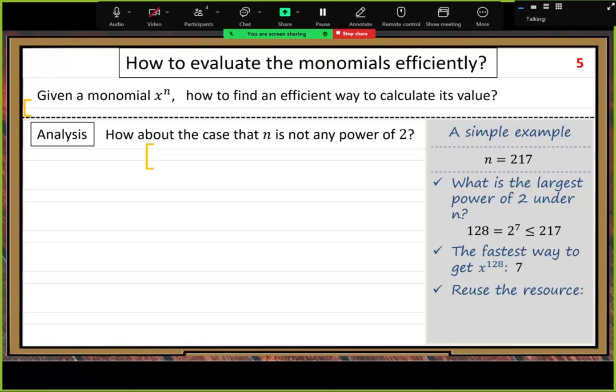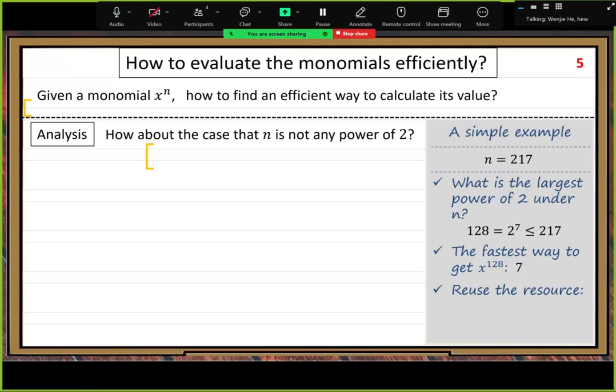So when we do preparation, we maintain a pool of our resource, because those intermediate results could be useful in our calculation of the final answer. Don't throw away. Keep, maintain, save your intermediate results as your resource.